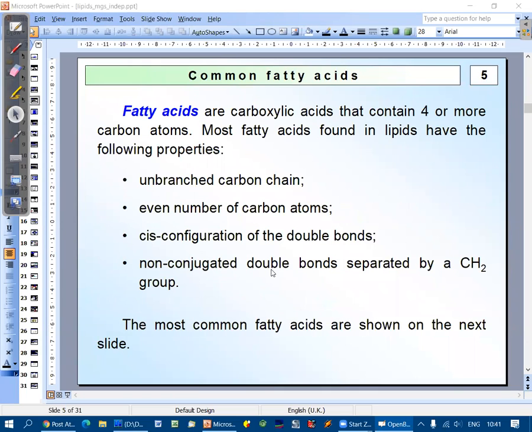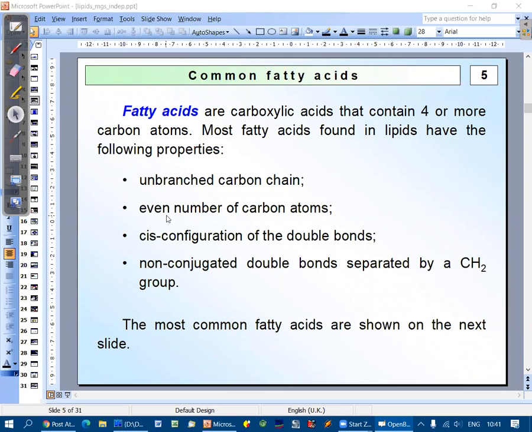And fatty acids are carboxylic acids with a long chain that contain 4 or more carbons, but usually in compounds you will consider, they will contain more than 4 carbon atoms, and they have some specific properties. First of all, an unbranched carbon chain.